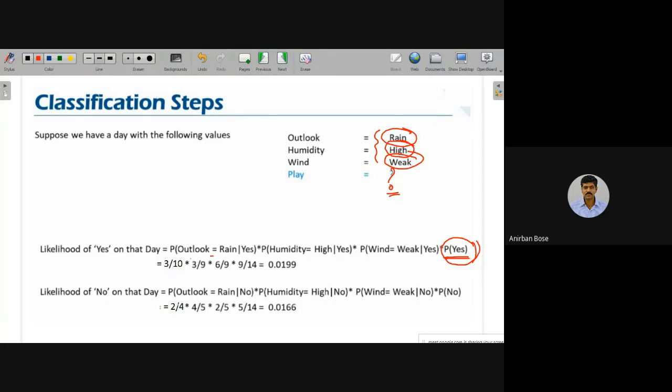That is the probability of rain, because that is one of the situations given, then the probability of high humidity given yes, and the probability of weak wind given yes. If you multiply all these, you will get this particular value.